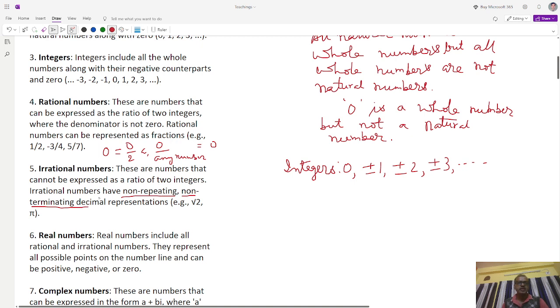So, irrational numbers are non-repeating, non-terminating. Examples of irrational numbers are root 2, pi, etc. If we find out the value of root 2, then we will get a non-repeating and non-terminating number.